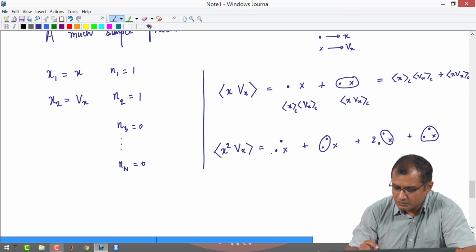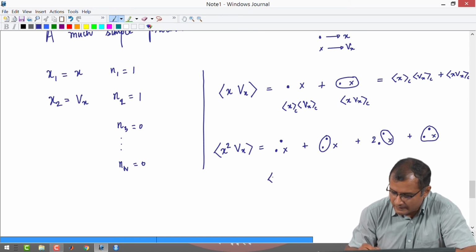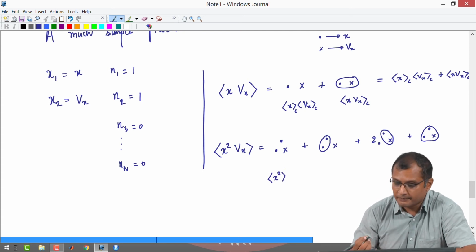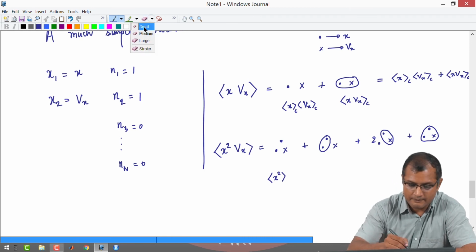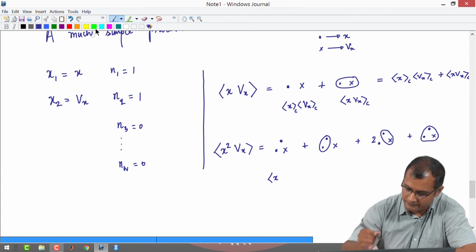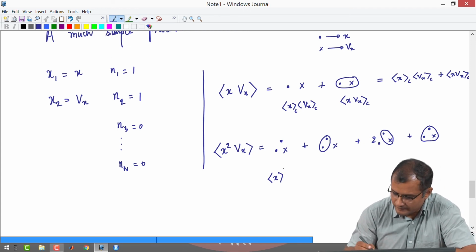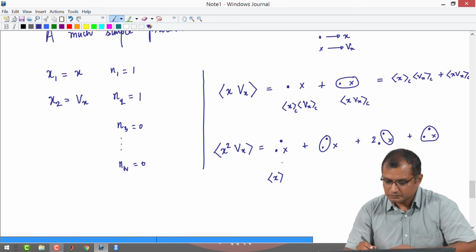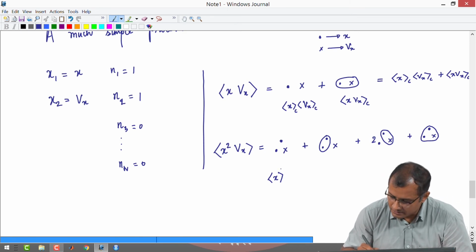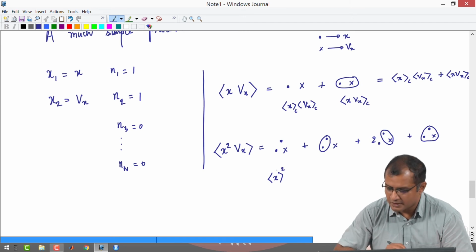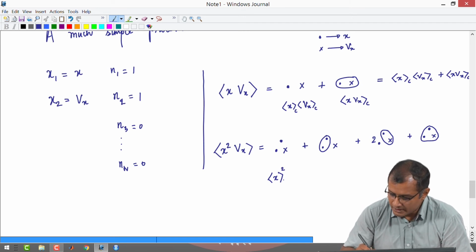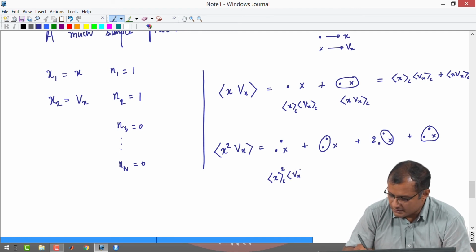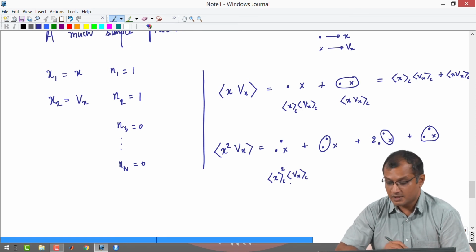So two disconnected dots and a cross is nothing but the square of the first moment of x, and I know that the moment itself is a cumulant. Writing down for the cross, you just have the first cumulant of the velocity.